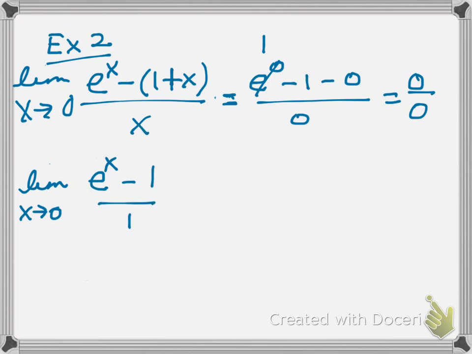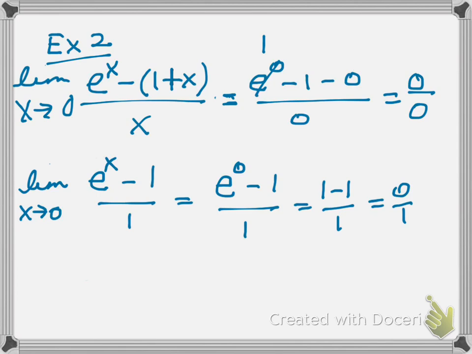So now if I plug in 0, I simply get e to the 0 minus 1 over 1, and anything to the 0 power is 1, so I have 1 minus 1 over 1, which is 0 over 1, which is 0. So the limit of this function right here was found by taking the limit of its derivative, which gives you the exact same function. So my answer for that problem comes out to be 0.